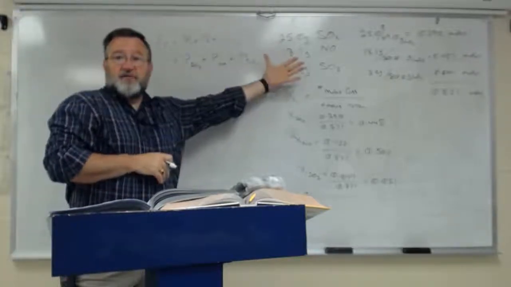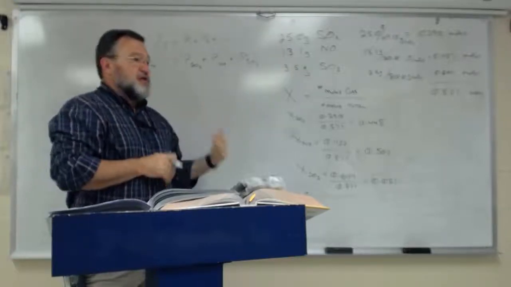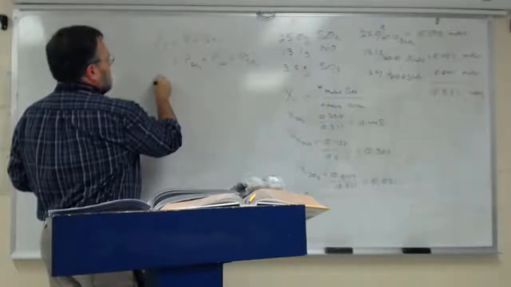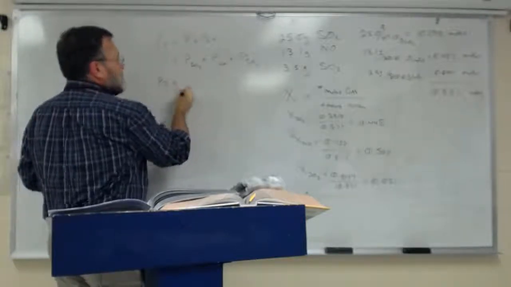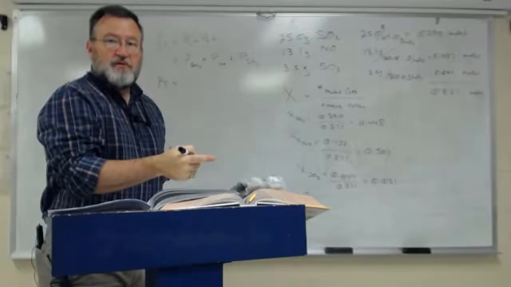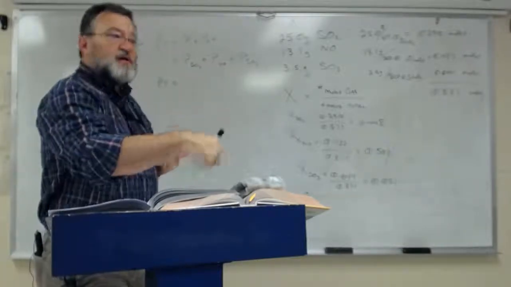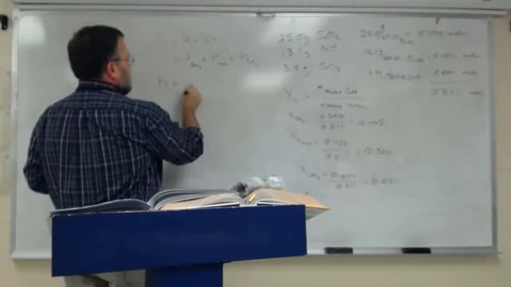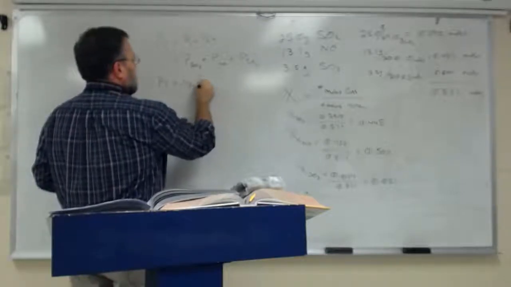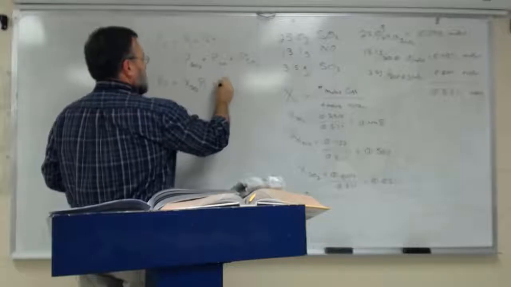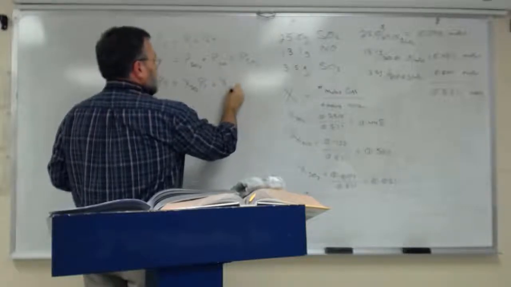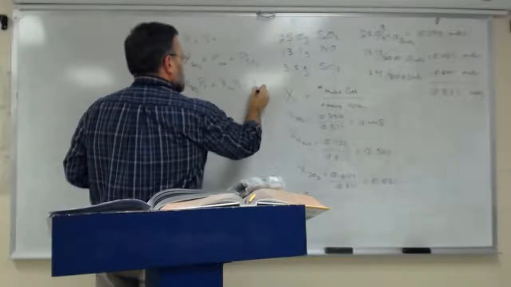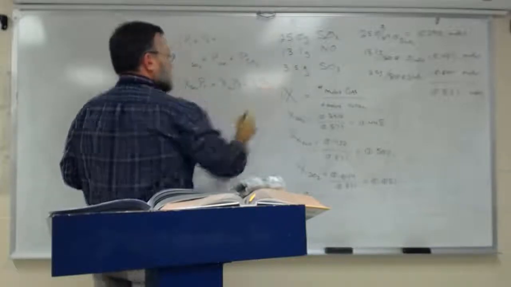Another way of writing what we did yesterday, another expression of Dalton's law of partial pressures, is that the total pressure is equal to the mole fraction for each gas times the total pressure. So in this case, the mole fraction for the SO2 times the total pressure plus the mole fraction times the total pressure plus the mole fraction times the total pressure.